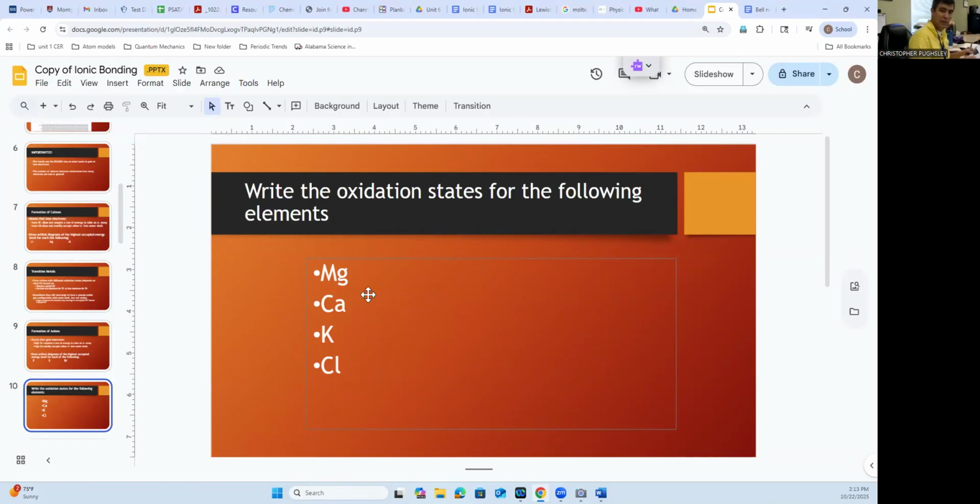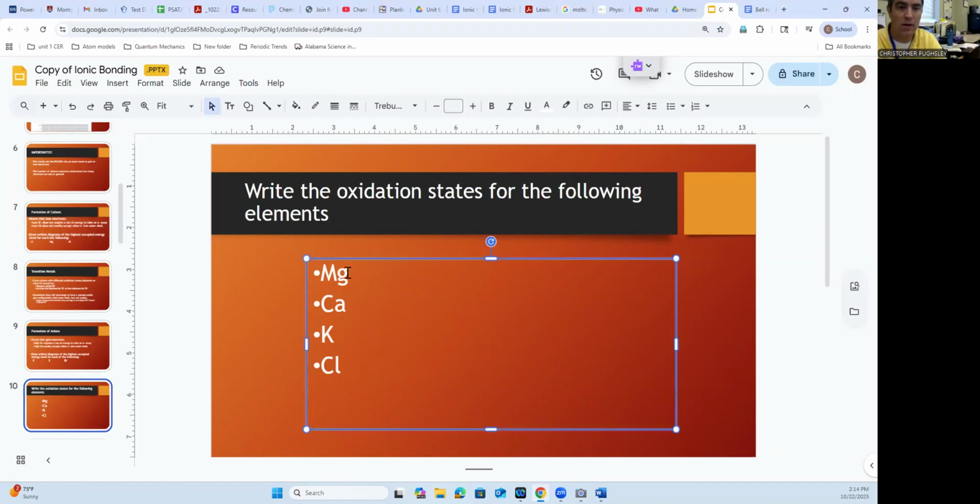Let's make sure we write that down real quick. +2, and that would be superscript. This would be +2. This would be +1, and this would be -1.